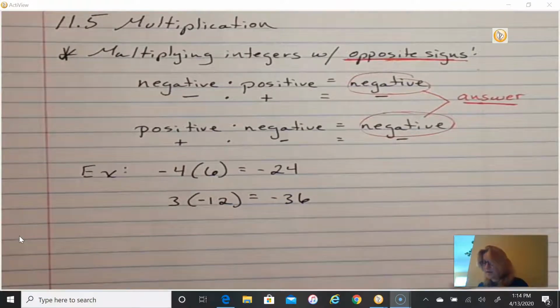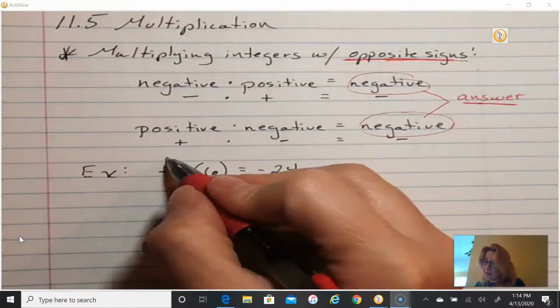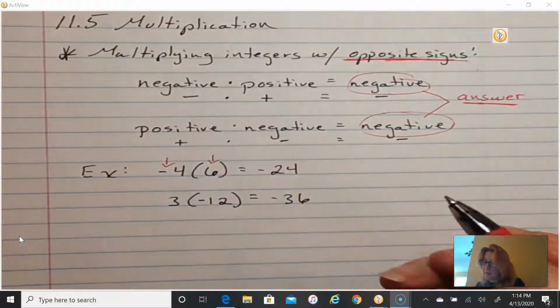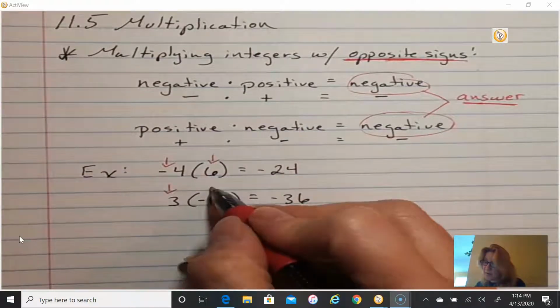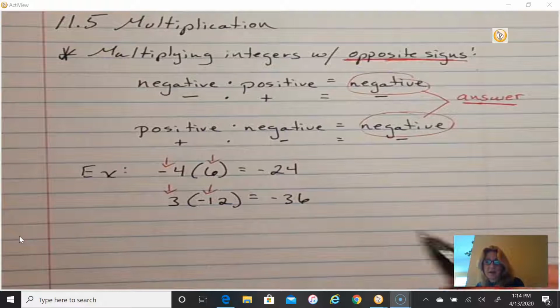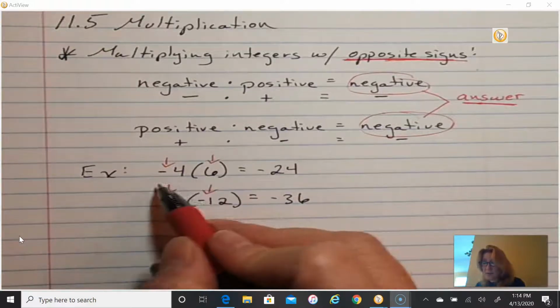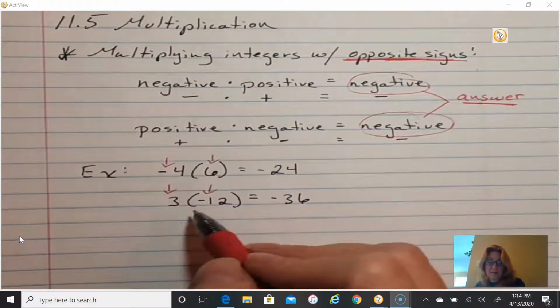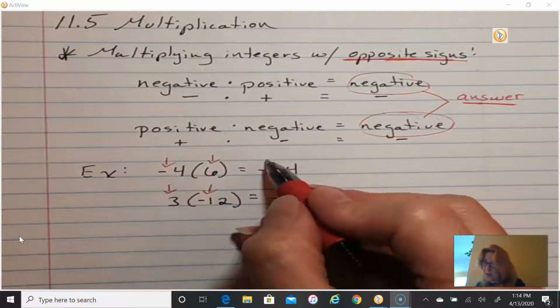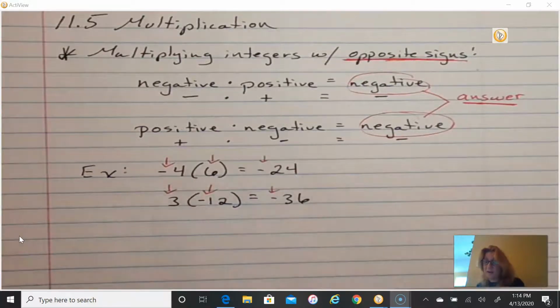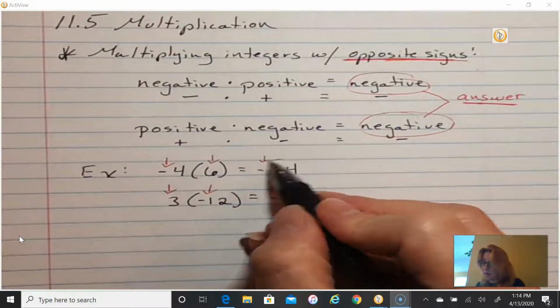Negative 36. Notice this number is negative, this is positive. So when the signs are different or opposite, the answer is always going to be negative. Always, always, always.